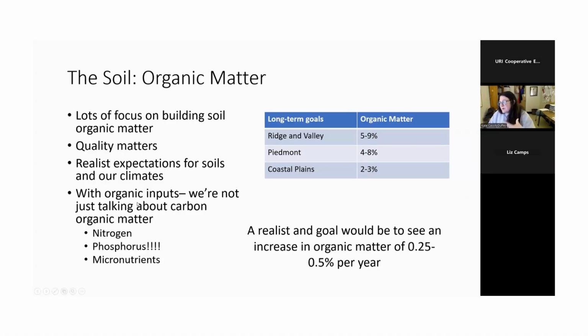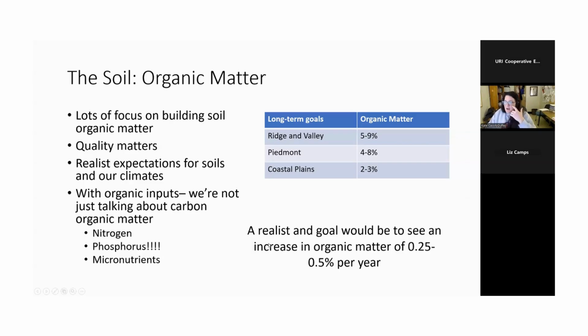Okay, so when we're doing organic farming, we're not just talking about carbon that we're putting in. We're talking about organic molecules that contain nitrogen and phosphorus and all these micronutrients that we want. So I think that a lot of the times we talk about seeing these massive increases in organic matter of like 1 to 2 to 5%.